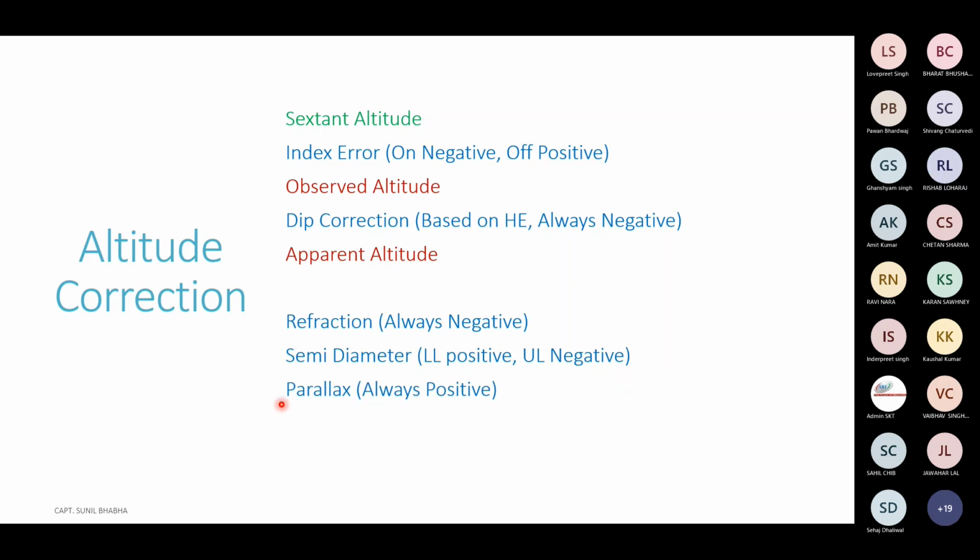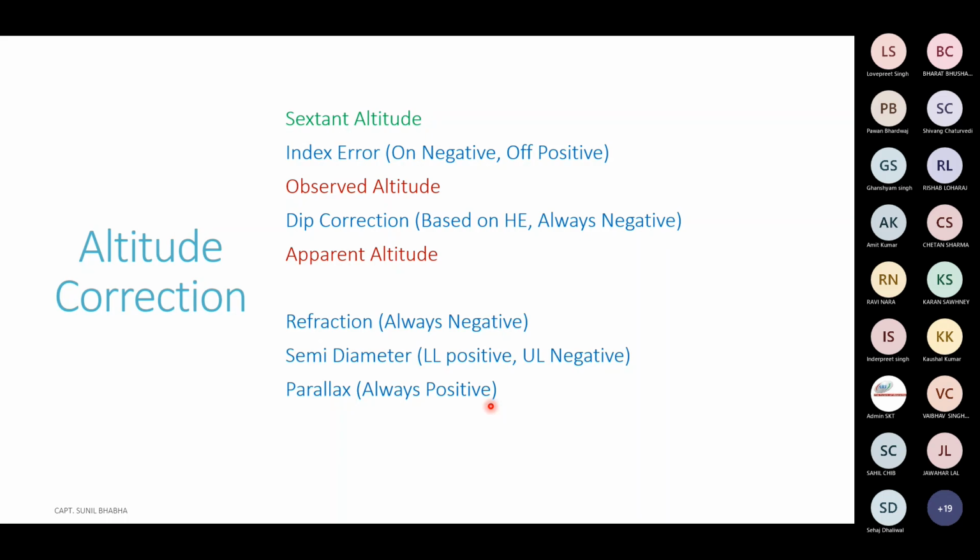Now the third correction which we apply to the apparent altitude is the parallax correction. Now parallax is the angle at the center of the celestial body subtended by the radius of the earth. That is what we call parallax. And this parallax correction is always positive. So you can remember P with parallax, P with positive.